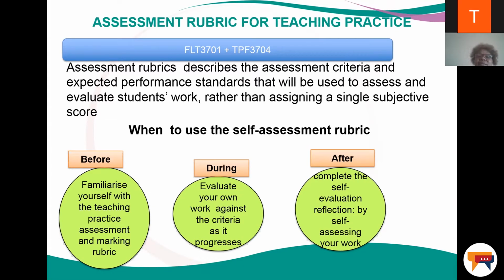And there are assessment rubrics in the module of your teaching practice. It's always important, before you do your teaching practice, to familiarize yourself with the teaching practice assessment and marking rubric. And during your teaching practice, evaluate your own work against the criteria as it progresses. After, complete self-evaluation reflection by self-assessing your work. Remember, you are teachers. Teaching practice is very key.